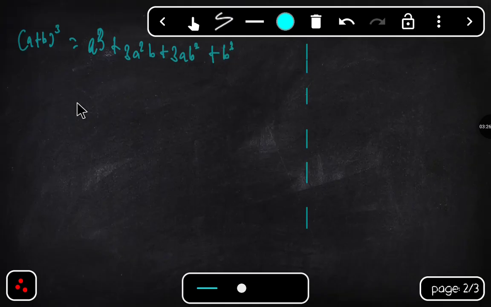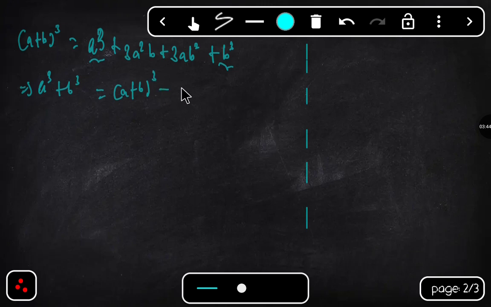So this is what is going to give us. And then what we want to find is a raised to the power of 3 plus b raised to the power of 3. So we can now say a raised to the power of 3 plus b raised to the power of 3 is equal to a plus b raised to the power of 3.